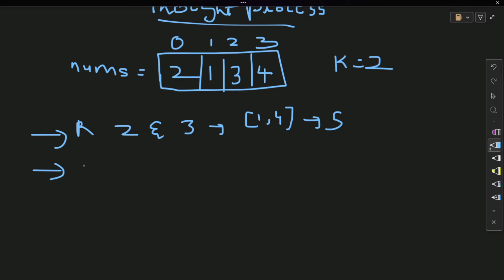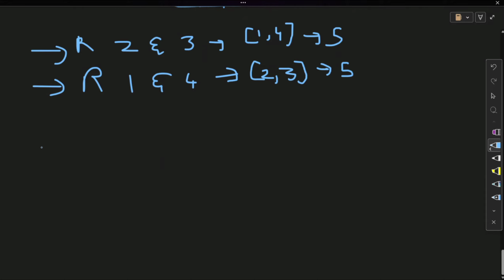Then next we'll remove and check 1 and 4. So it will give us 2 and 3. Its sum will be 5. Next we'll remove and check 3 and 4.